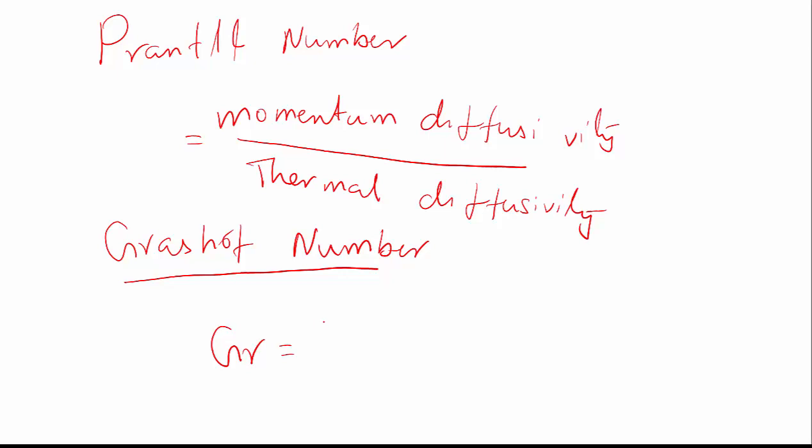The Reynolds number is applicable for all flows, either free or forced, if a particular flow condition is given. But the Grashof number is particularly for natural convection.